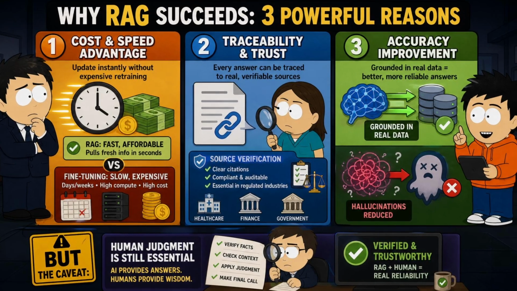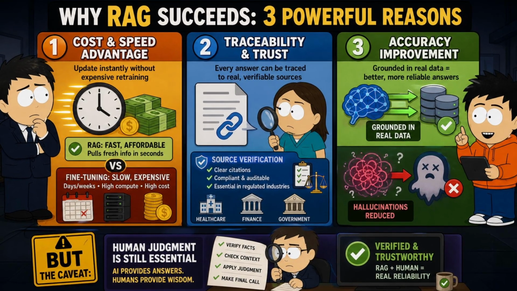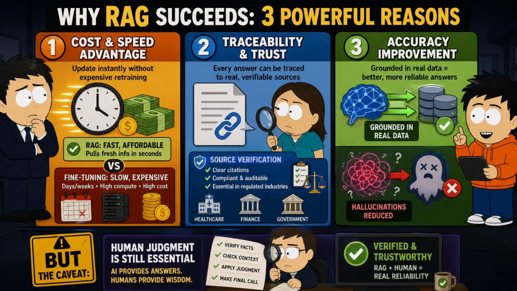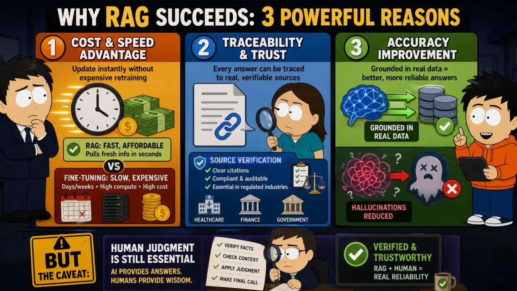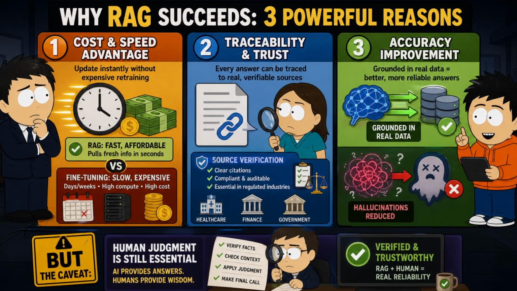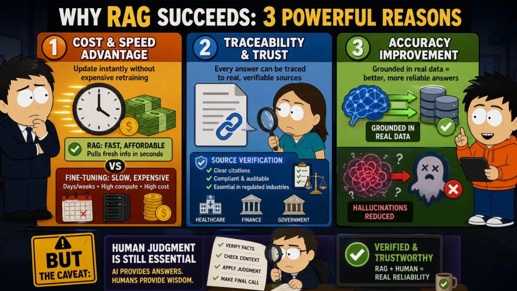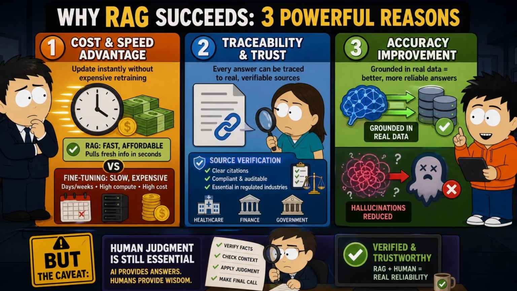Why does this spread so widely? A few consistent reasons keep showing up across every one of these industries. Cost and speed of updates. Fine-tuning a model on new data takes real time and real money every single cycle, while adding a new document, listing, or record to a retrieval system takes effect on the very next query.